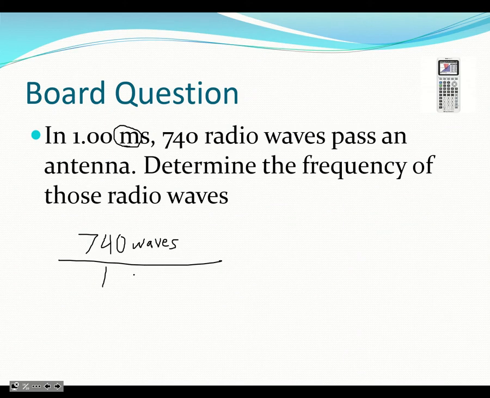So if you look on your data booklet, on what page is it? Let me open up our data booklet here. There we go, on the very first page. So let me show you that on the camera.